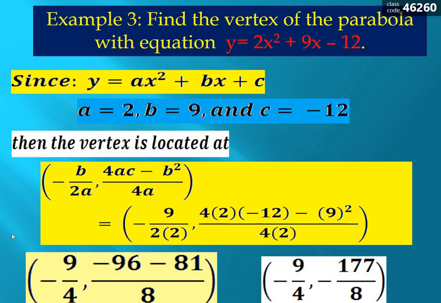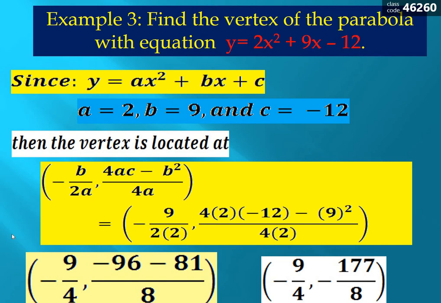Okay, let's have this example. Find the vertex of the parabola with equation y equals 2x squared plus 2x minus 12. Since we are following the format y equals ax squared plus bx plus c, we can easily find out the values of a, b, and c. So in this case, we have a equals 2, b is 9, and c is negative 12. Then we can solve the vertex.